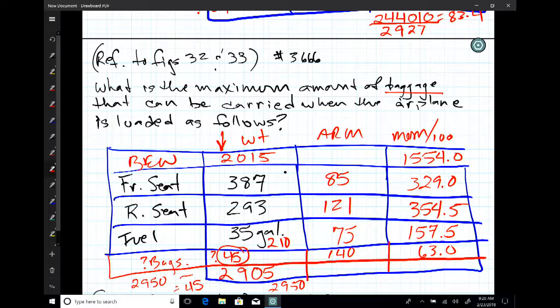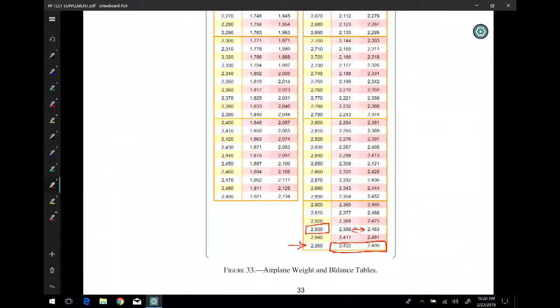Now we need to add our moment. I didn't give a whole lot of room down here to add this moment together, but when you add the moment column together, you should get 2,458.0. So let's look again at 2,950. We need to be somewhere between 2,422 and 2,499.